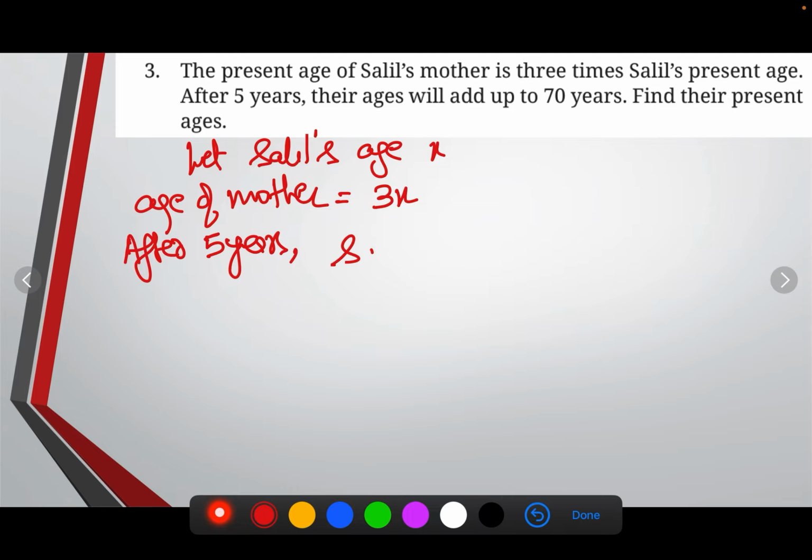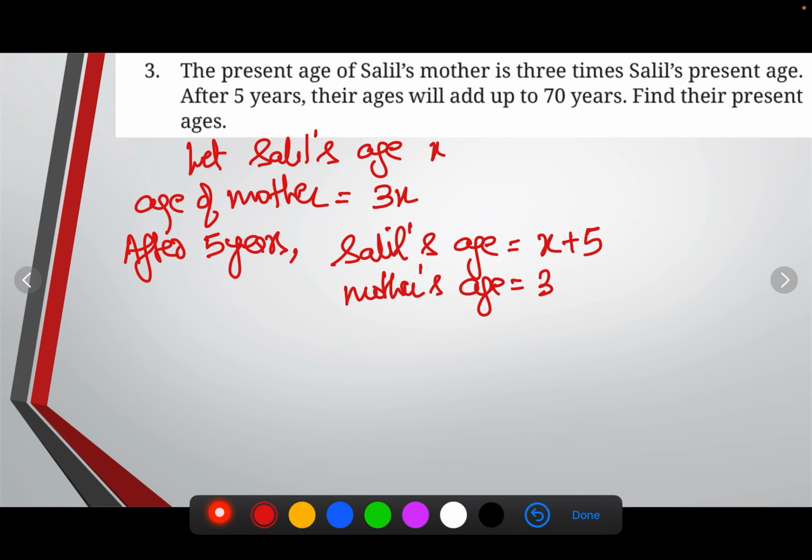Salil's age x plus 5, mother's age 3x plus 5. So irrespective of the number or the variable, if I say after 5 years, that means it will be plus 5, plus 5. Their ages will add up to 70.